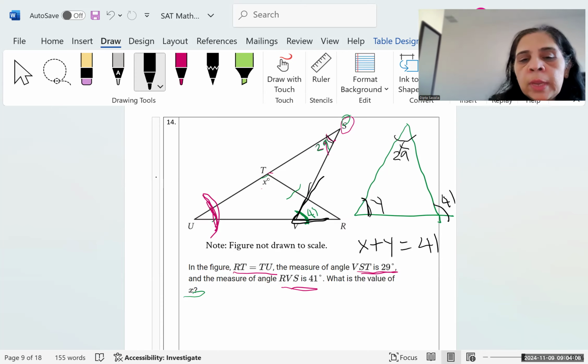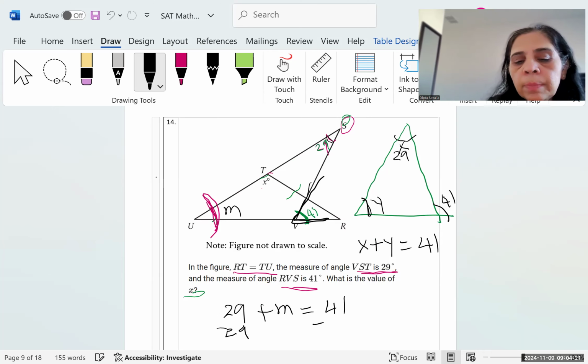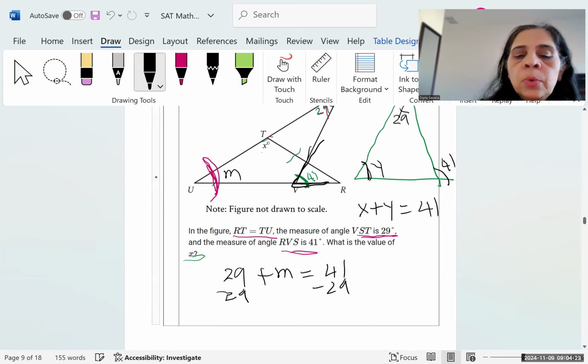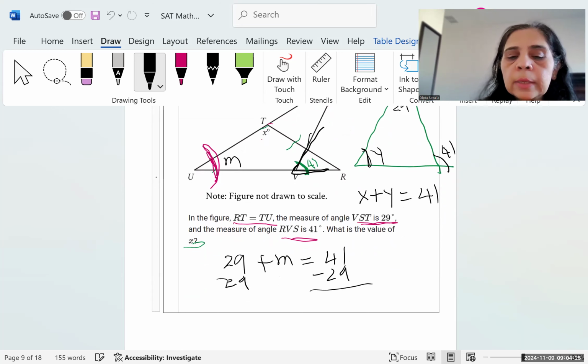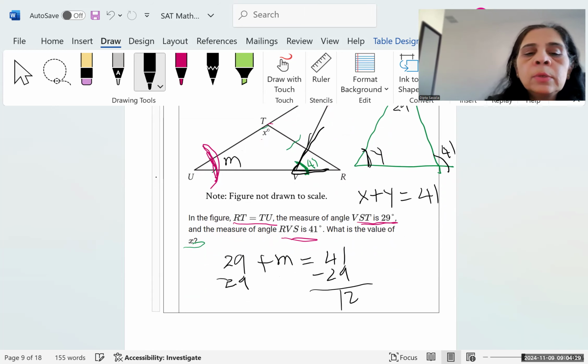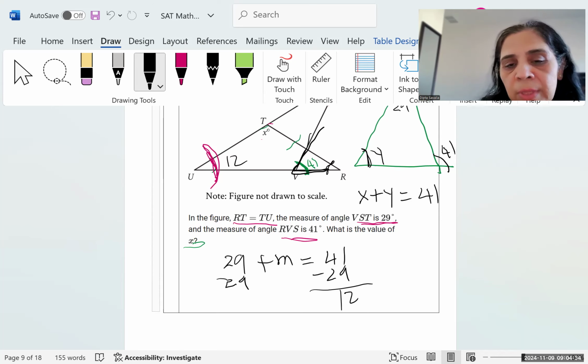What equation can we make? 29 plus M equals 41. So we subtract 29. 41 minus 29 is 12. So we found 12, yay, we did it. So this one is 12 too, right?